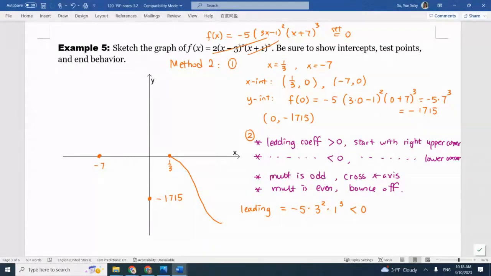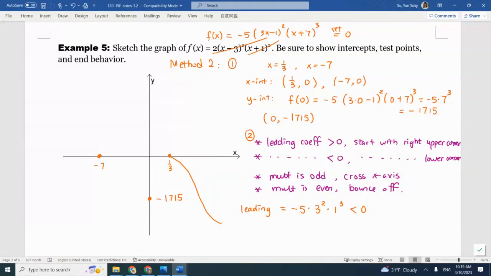Yes, everybody? Can you see the difference? So therefore, -5 times 3 squared and 1 cubed. Okay?